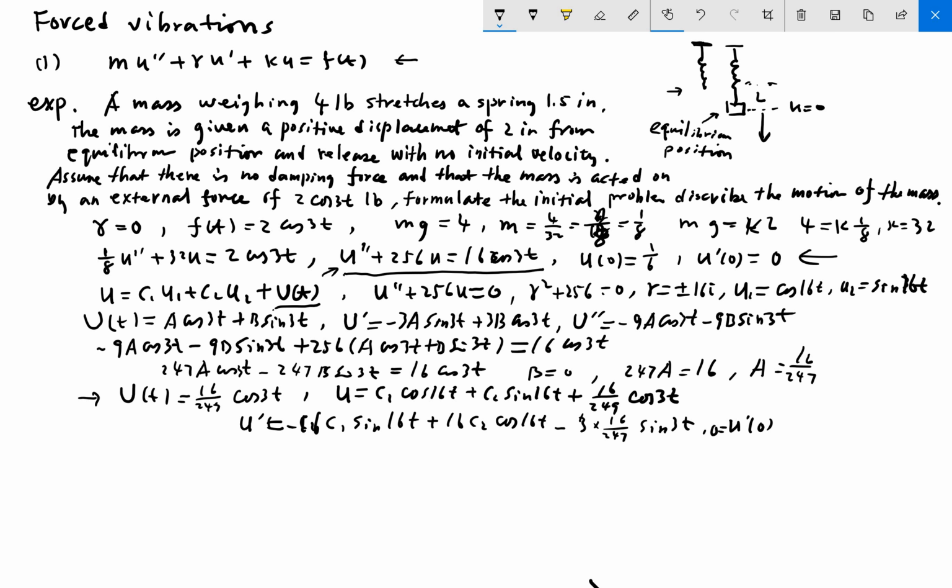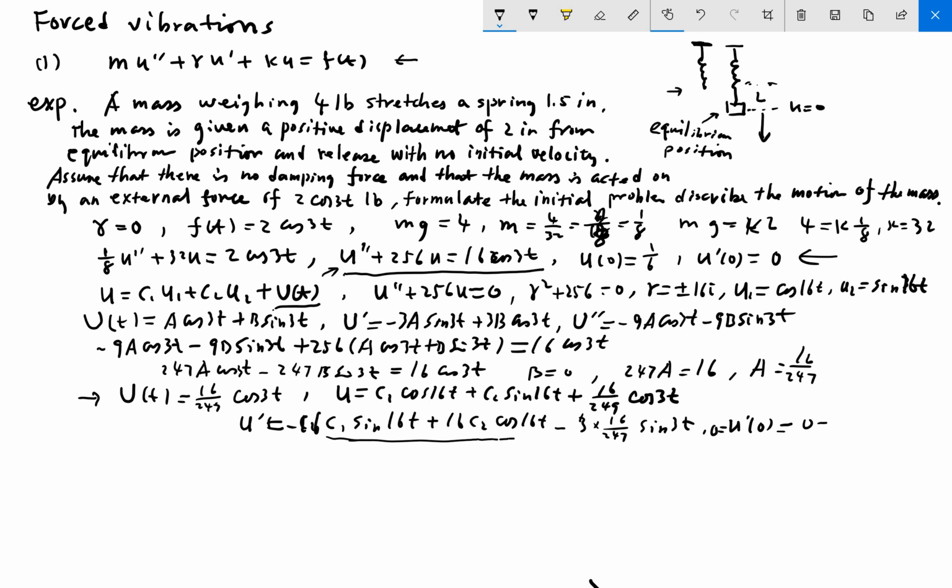We know U prime 0 gives you 0. But look at the right hand side here. Let t equal to 0. Then sine 0 is 0, so the first term is 0, then cosine 0 gives you 1.